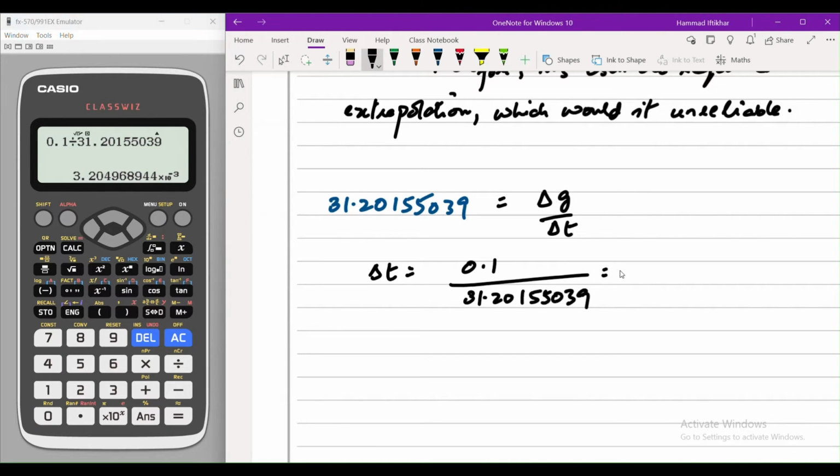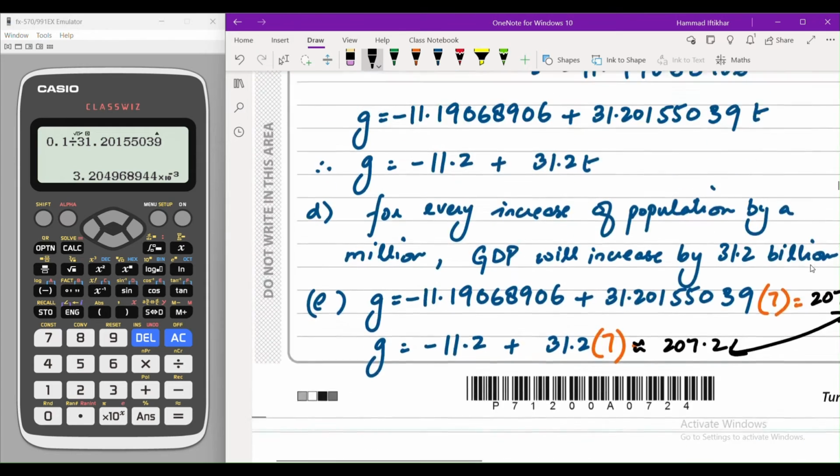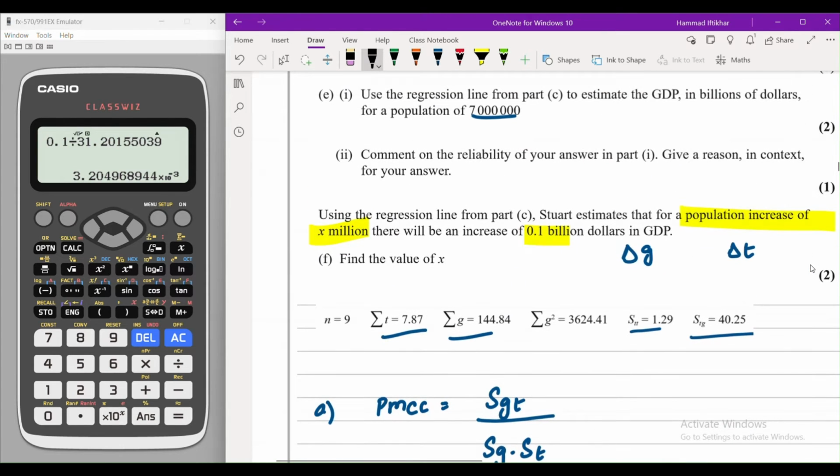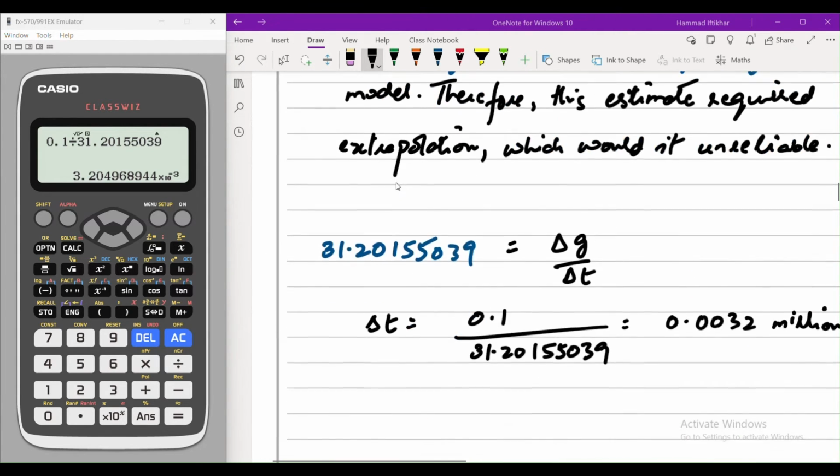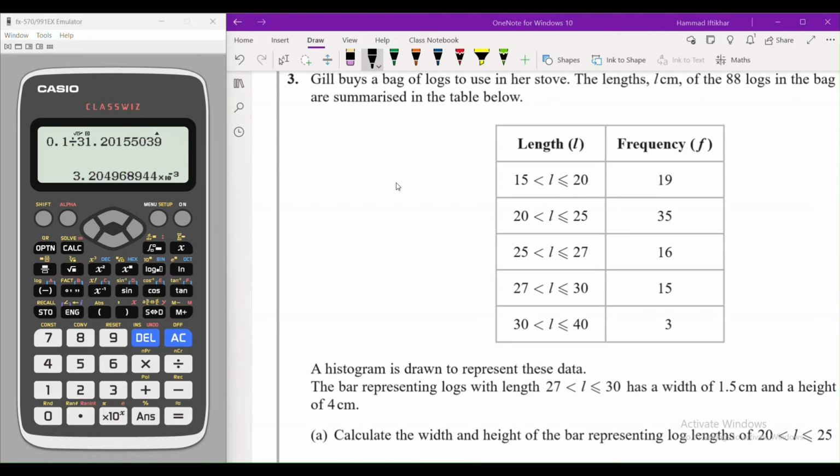That is 0.003 million. So we need to give this in millions. Okay, all right. Moving on to the next question.